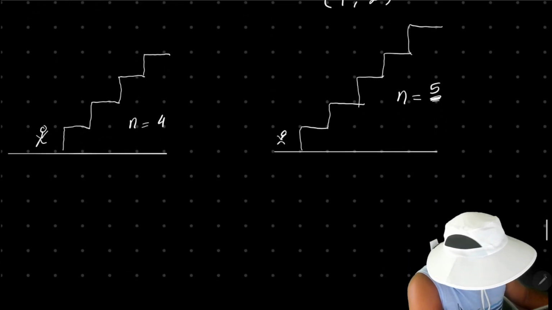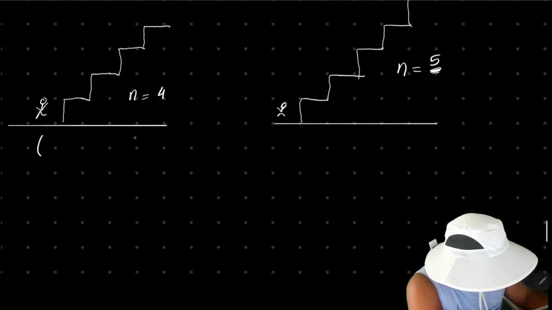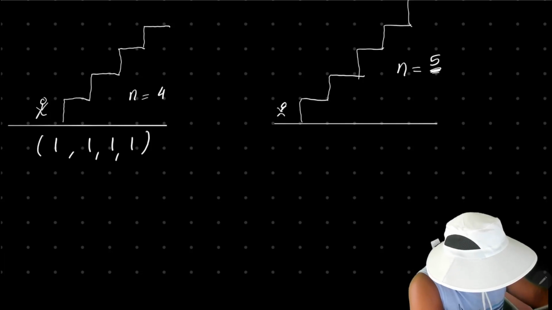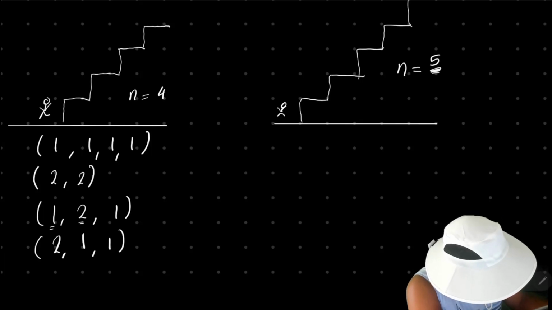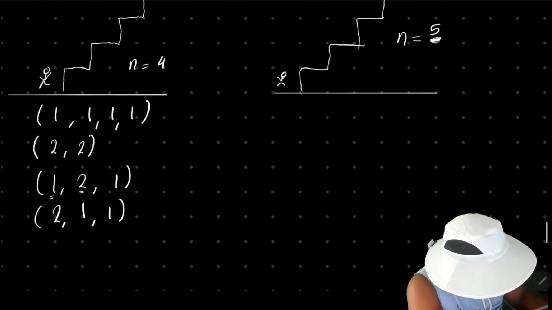If we do this for n equal to 4, you could do 1, 1, 1, 1, or 2 and then 2, or 1 step, then one big step of size 2, then 1 step, or 1 big step and 2 more small steps, or 1 small step, 1 small step, and 1 big step of size 2.